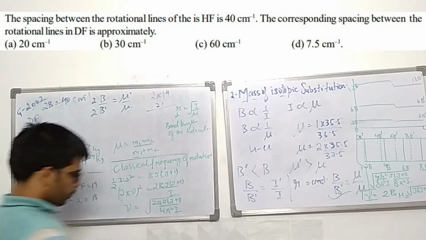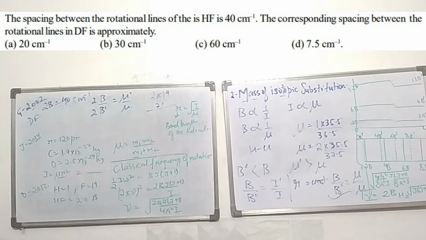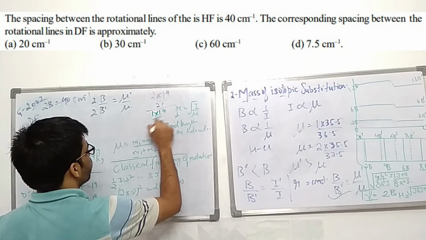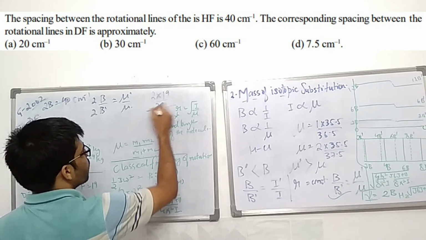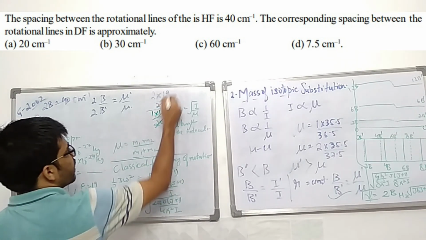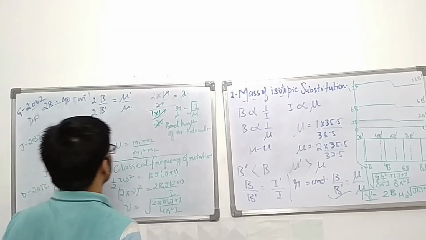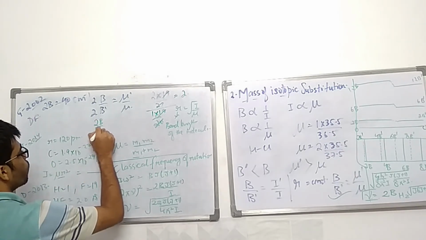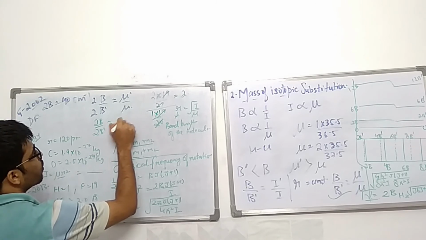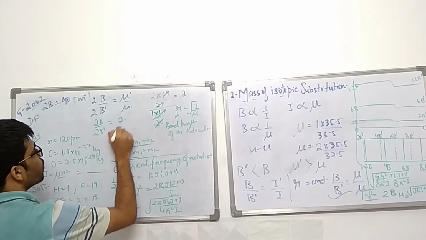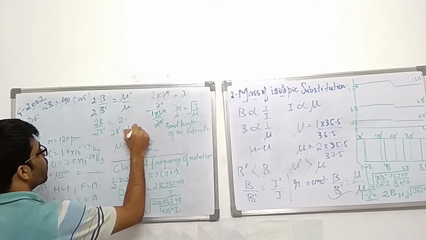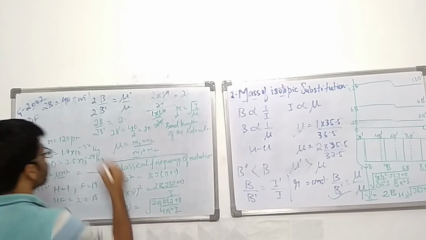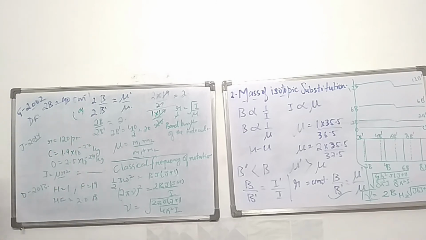Mu is 1 into 19 by 20. Now 21 and 20 are close enough, we can cancel that. 19 gets cancelled, I get 2 here. So I would get 2B by 2B dash is equal to 2, or 2B dash is equal to 40 by 2, which is 20, which is given in option number A.